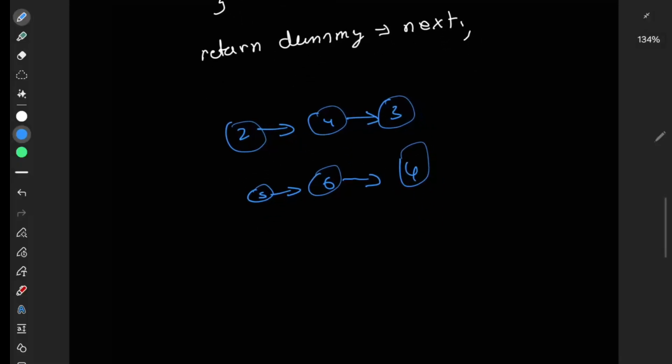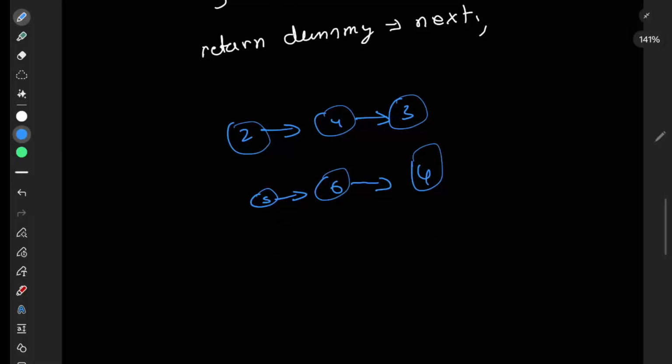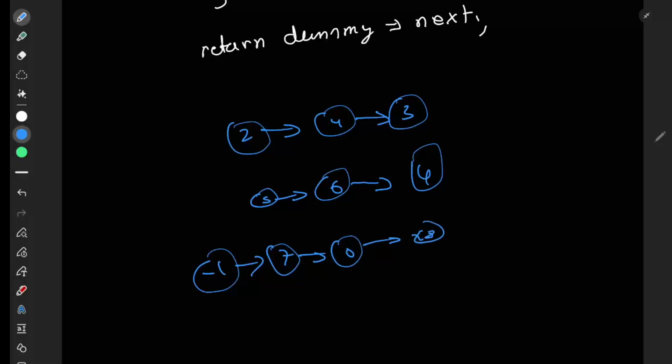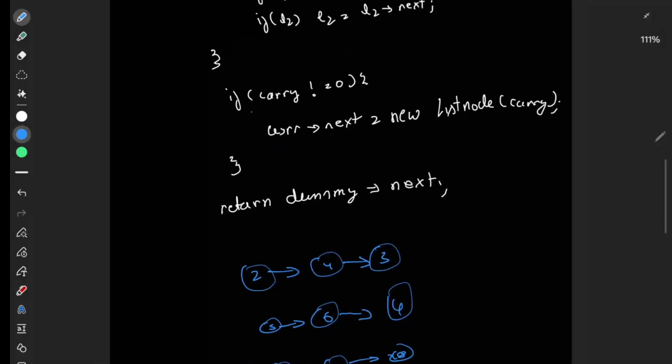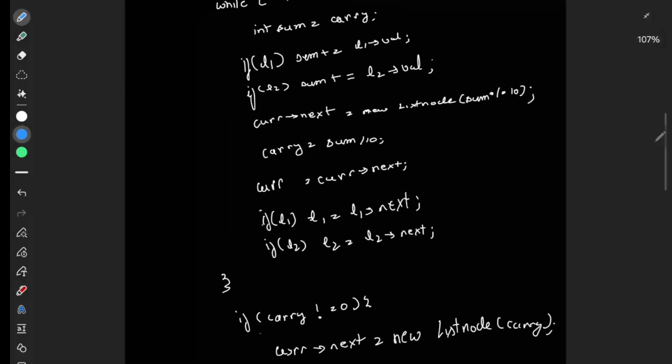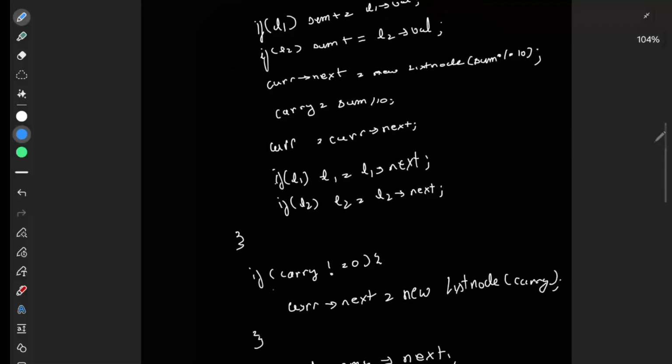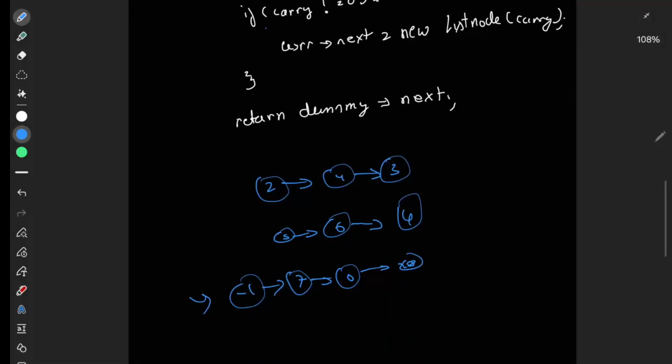When we created our dummy list, initially we had -1, then we created this sum. So after the program ends, our dummy linked list is like this. So we cannot return from here. We have to return a linked list from this place. That's why we are returning dummy next, since the dummy pointer is pointing here at the head node.